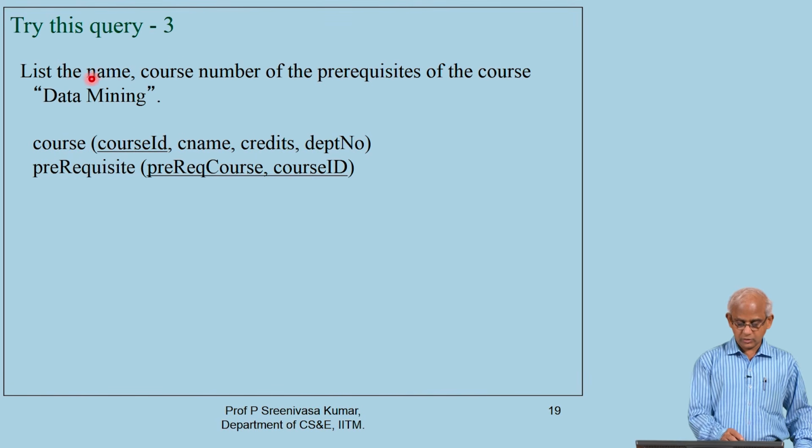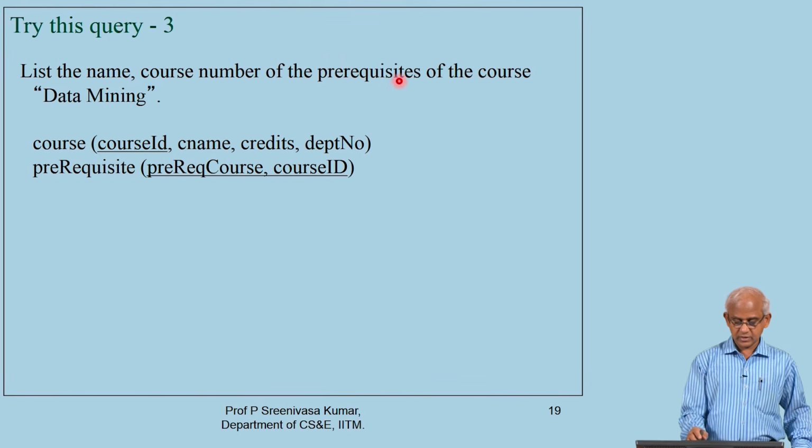Now, the course name has been given. So, we have to get the course ID. So, that will come from the course relation. Then the prerequisite information is available in the prerequisite relation.